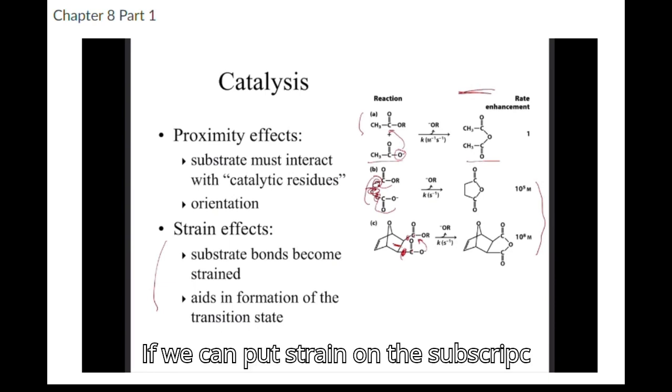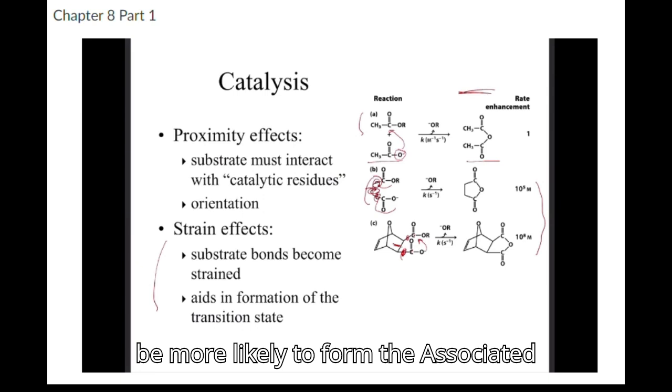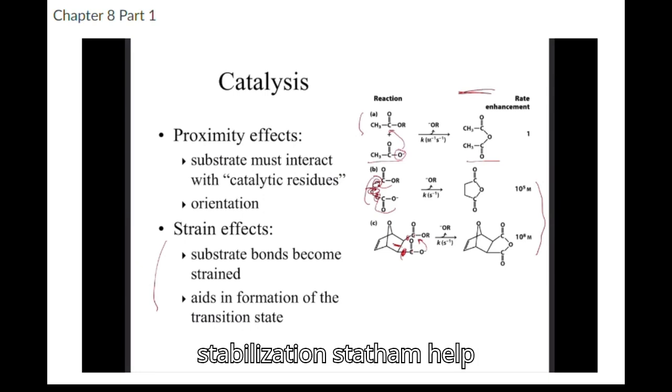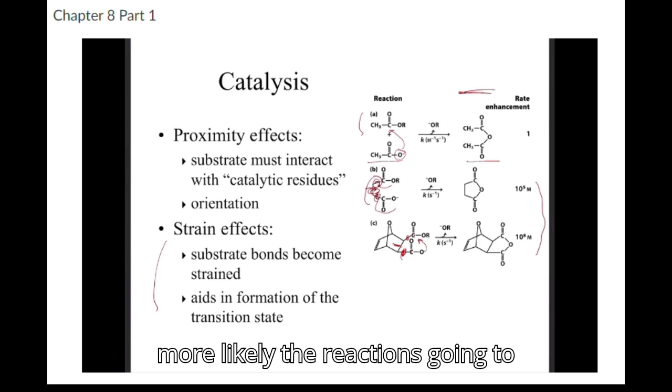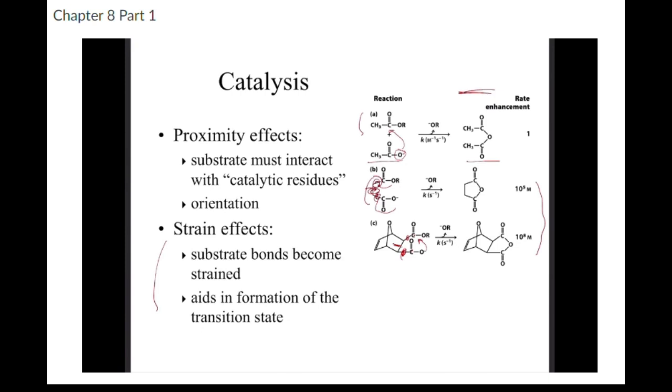If we can put strain on the substrate such that it's more likely to form the transition state and then stabilize that transition state, that's going to help the reaction occur. That's one of the effects we see in an enzyme catalyzed reaction: the enzyme tends to stabilize that transition state, thus making it more likely that the reaction is going to proceed.